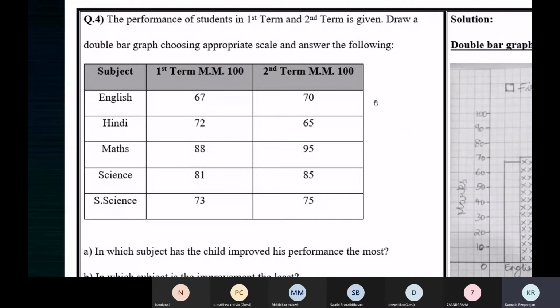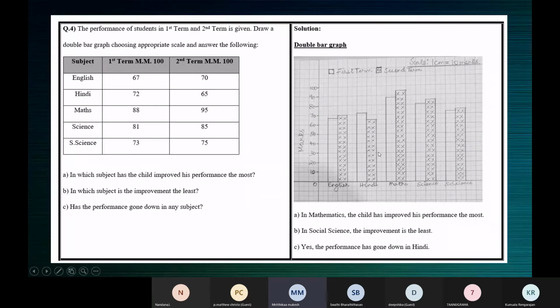You can see here. Ma'am, in this double bar graph, you should club two bars and draw one? Correct. For one subject, English, you have 2 marks, 67 in the first term and 70 in the second term.